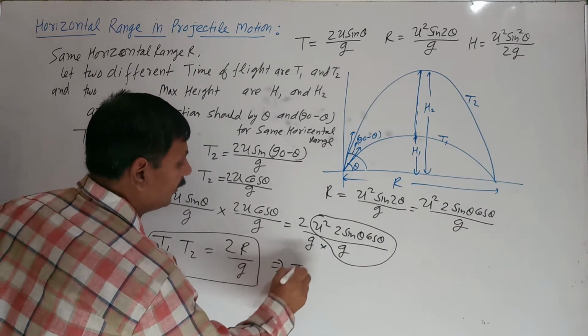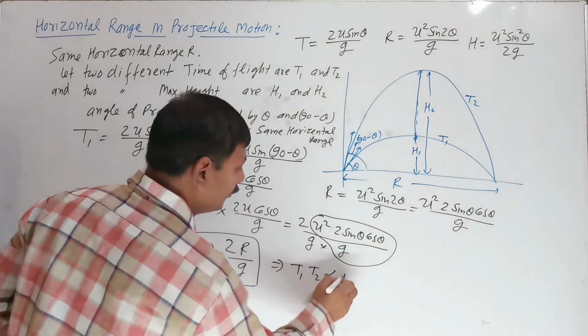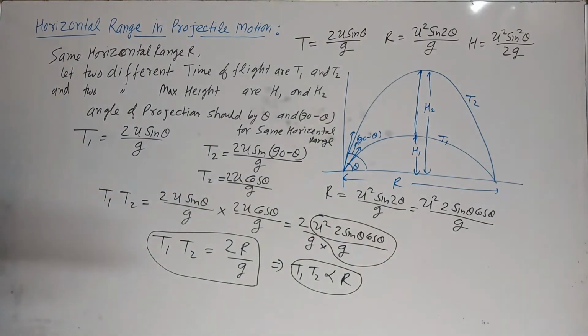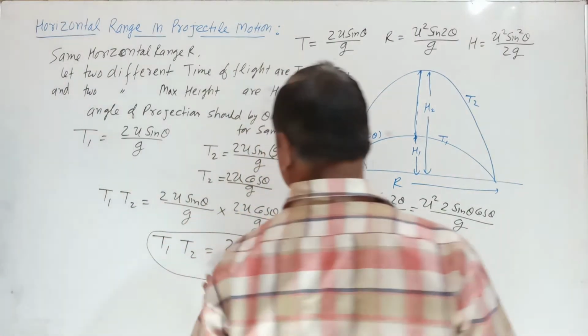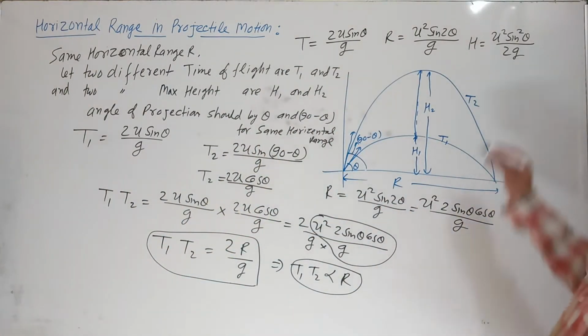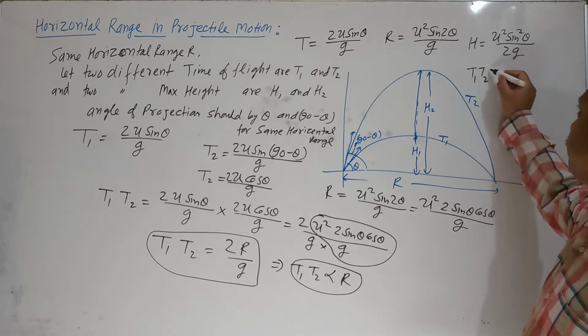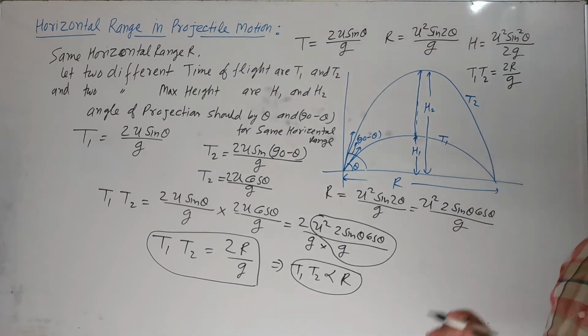Also you can say the product of time of flight is directly proportional to the horizontal range. So one relation I have found between T1 and T2, and that relation is T1 T2 equals 2R upon g.